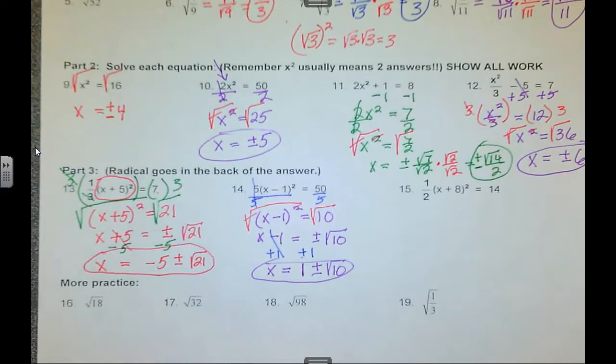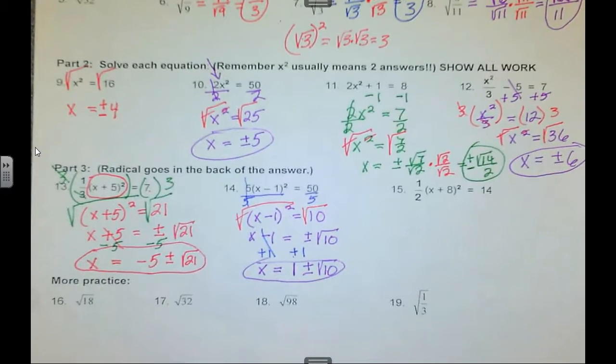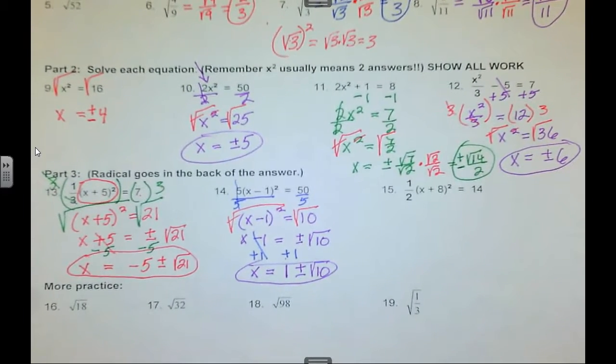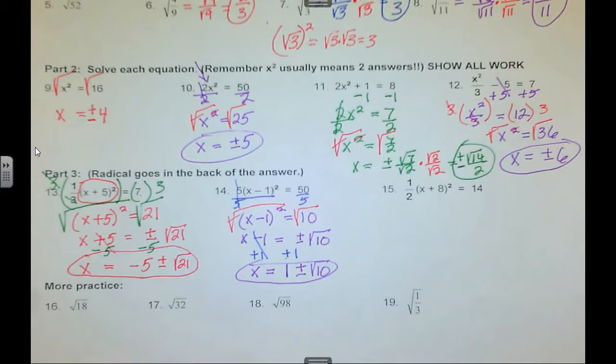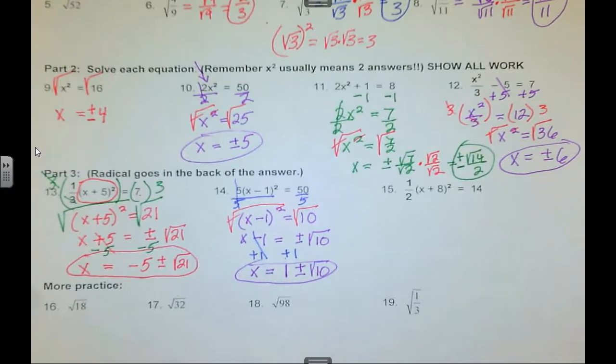Do the next one by yourselves. What do you get? Are you done yet? You could think of it as being divided by a half or multiplied by 2. Nathan, what'd you get?